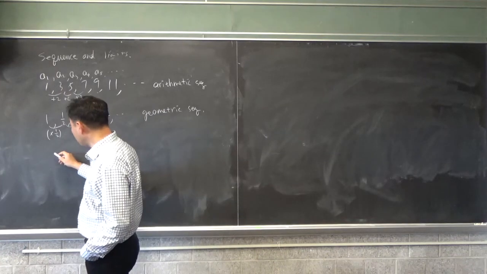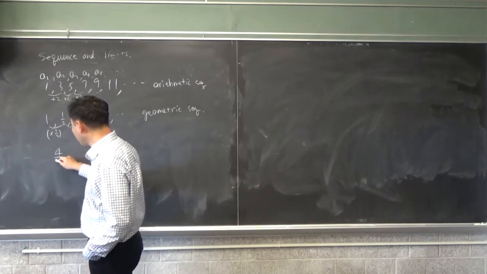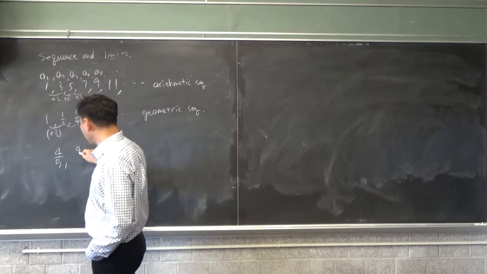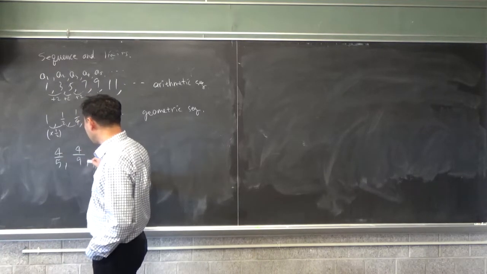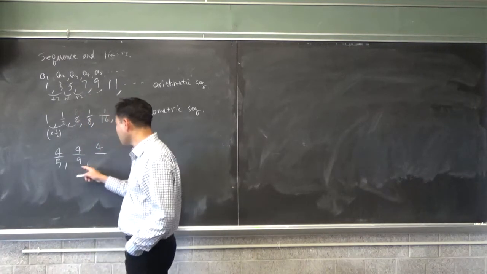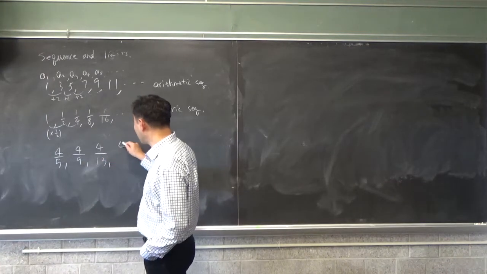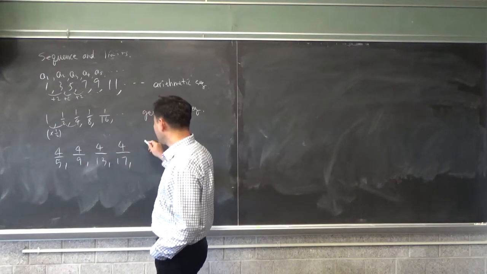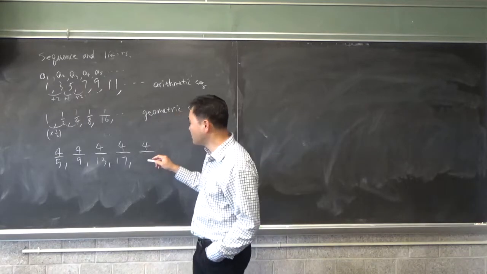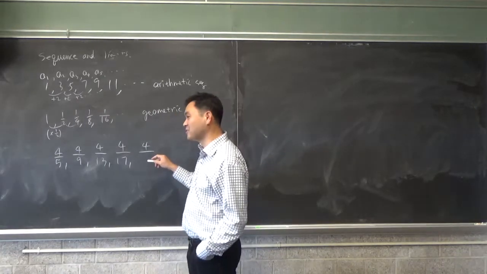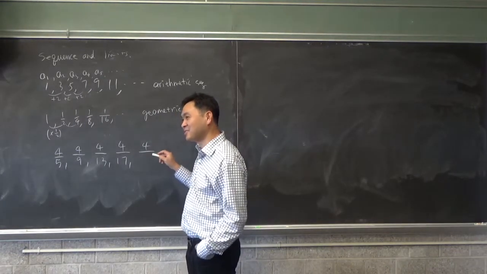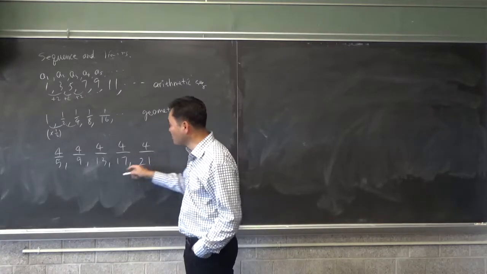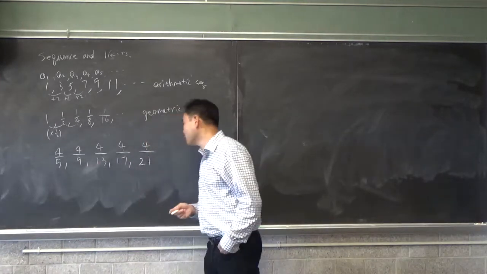Another one would be like, say, 4/5, 4/9, and then 4/13, and then 4/17. What's the next one? 4 over 21. So I'm moving by 4 in the denominator, right?